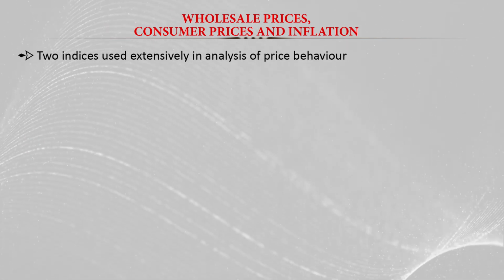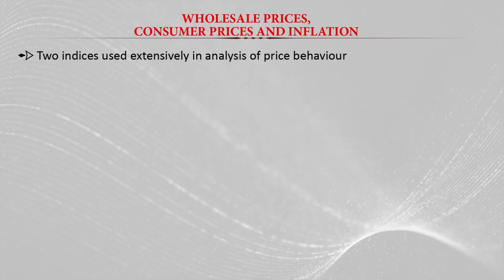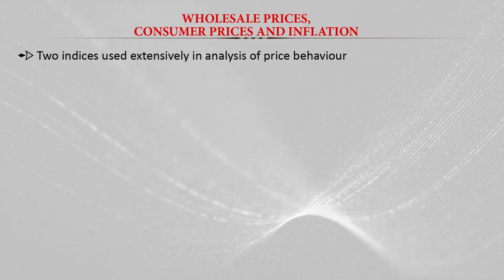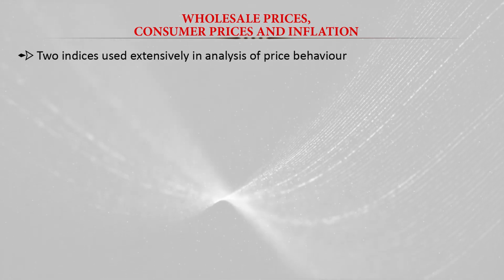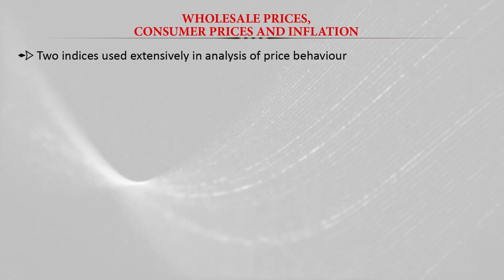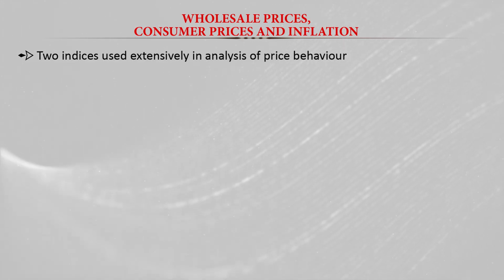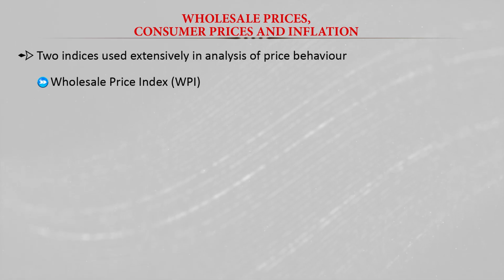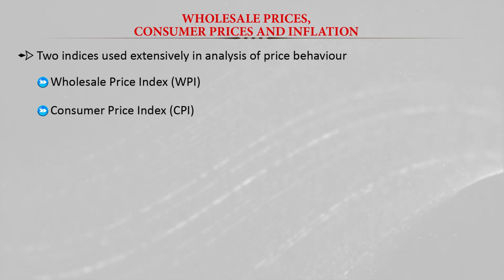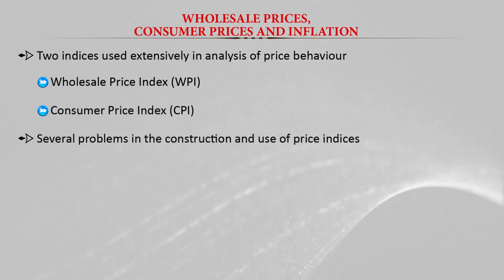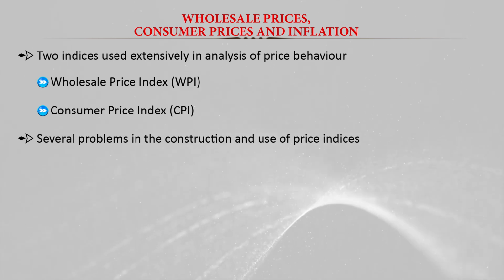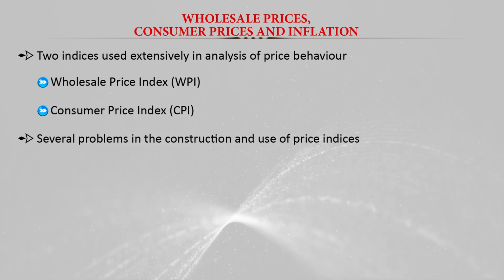And basically there are two types of index which are commonly available and used extensively in the analysis of price behavior, that is the wholesale price index and the consumer price index. There are several problems in the construction and use of these price indices.